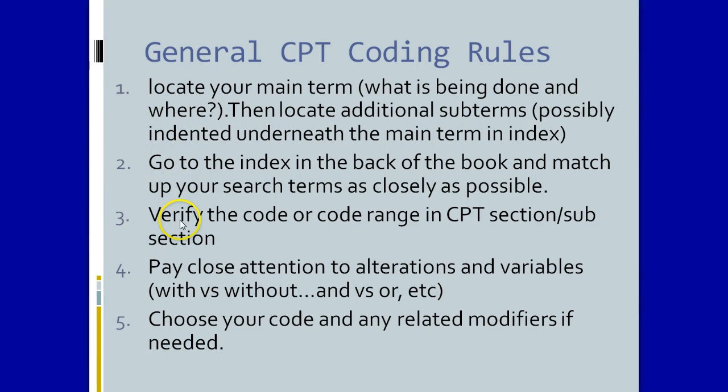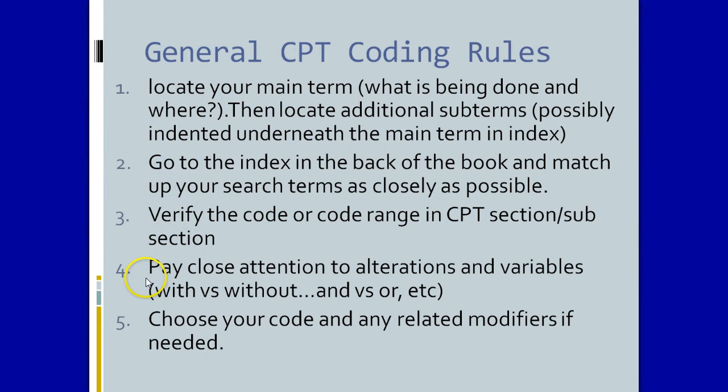And then verifying is cross-referencing it. So verifying is checking that code inside of the main area, usually the surgery section, but it could be the radiology section or the lab section, depending on what you're coding.